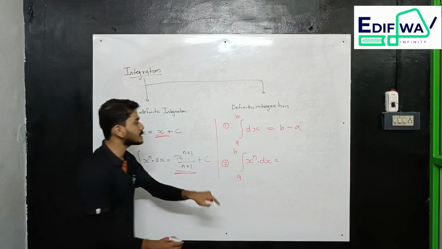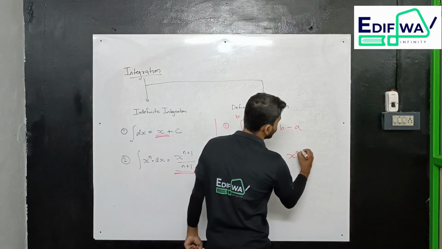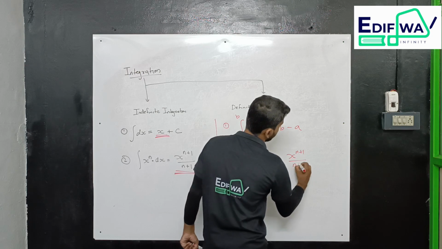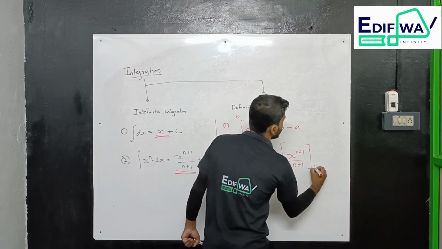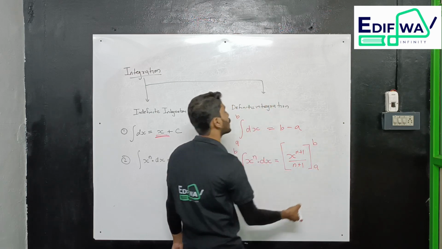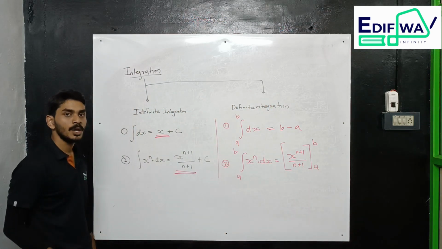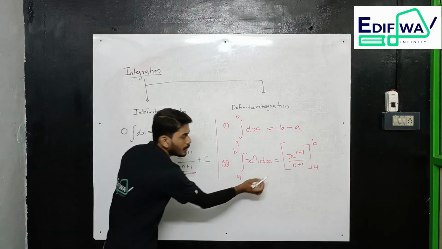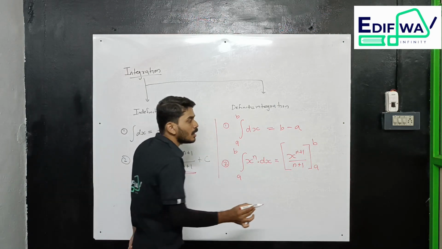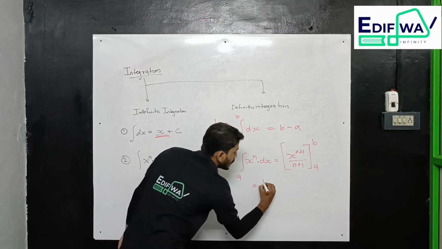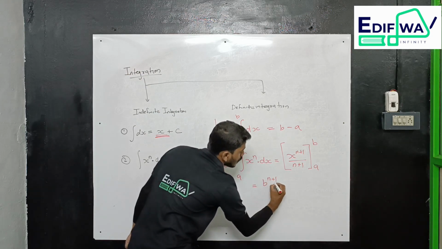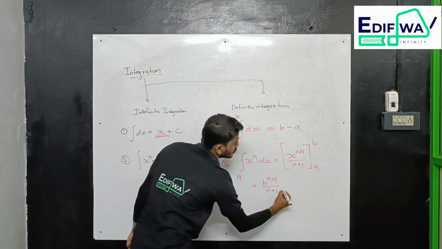So the answer is written here: x raised to n plus 1 by n plus 1. Now you put a box and specify the lower and upper limit. The variable is x. For the variable, first you substitute the upper limit b, so it becomes b raised to n plus 1 by n plus 1.